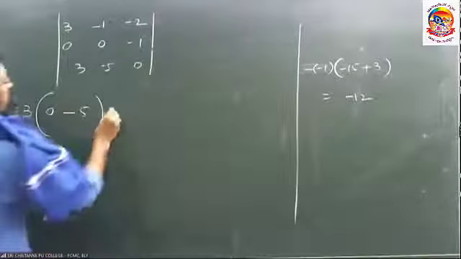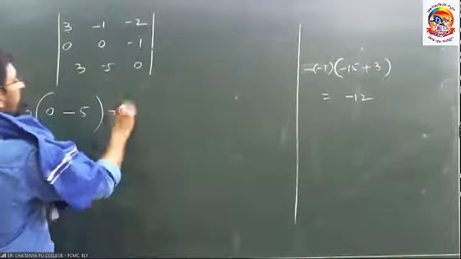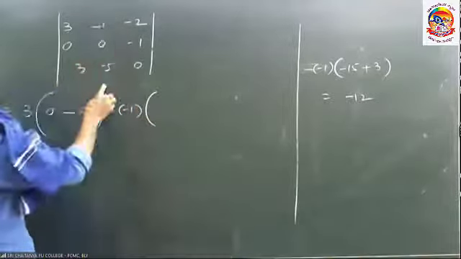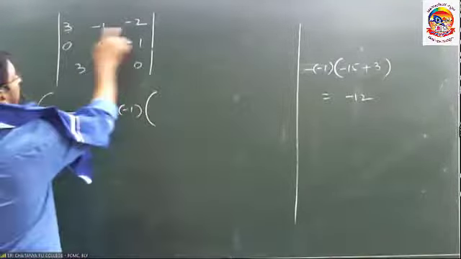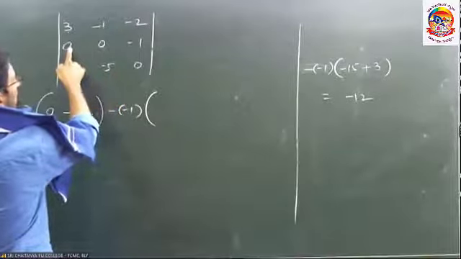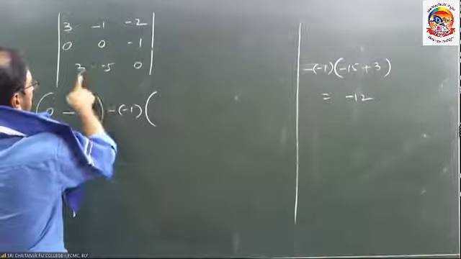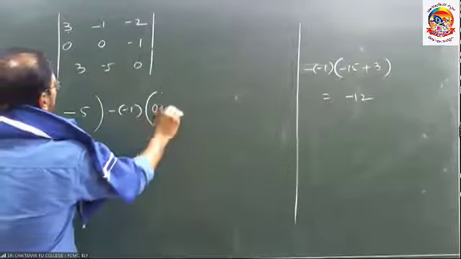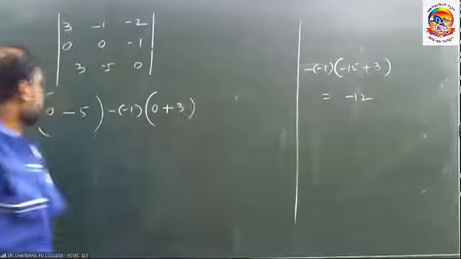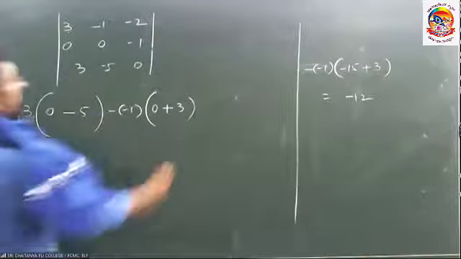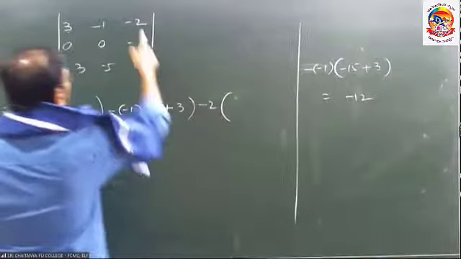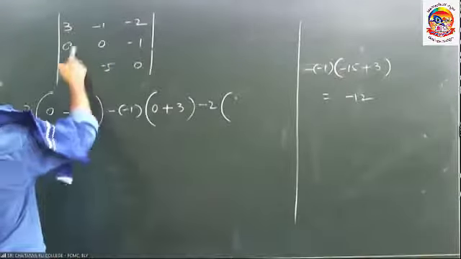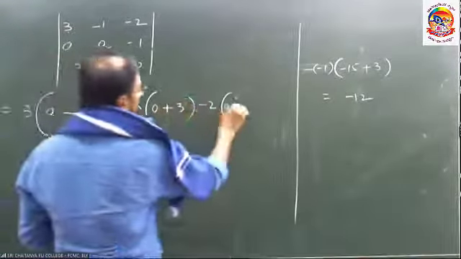Minus of already minus 1 into, excluding this row and this column, you are going to get 0 minus 1 into 3, okay, 0 minus of minus, plus 3, right? Minus 2 into, excluding this column and this row, you will have 4 elements, 0 minus 0.